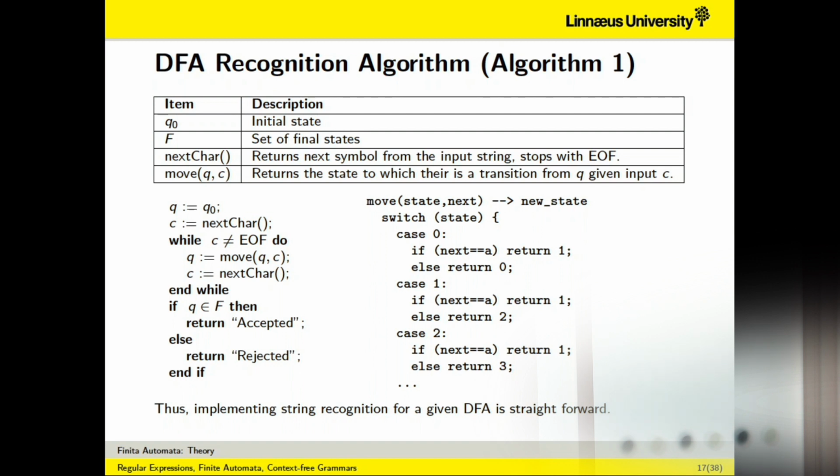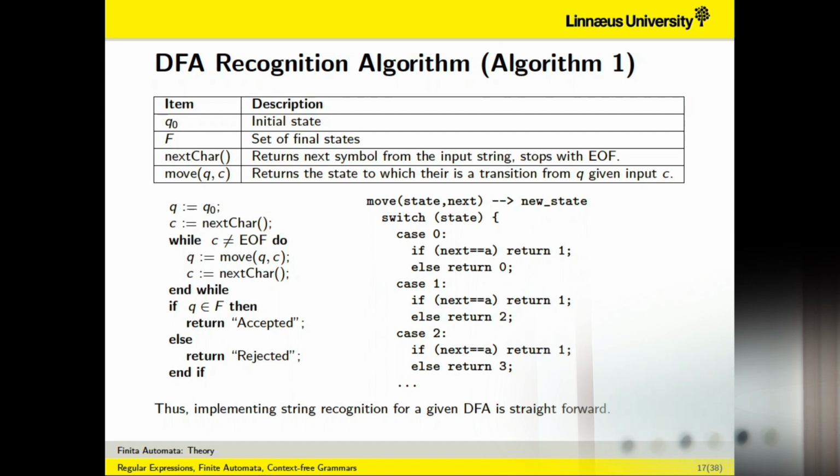Q is our initial state, and C is the character that we get. For example, if you have a string like A, B, B, the next character will give us the first character C, and we will have a loop that should continue until we are done with all the symbols.